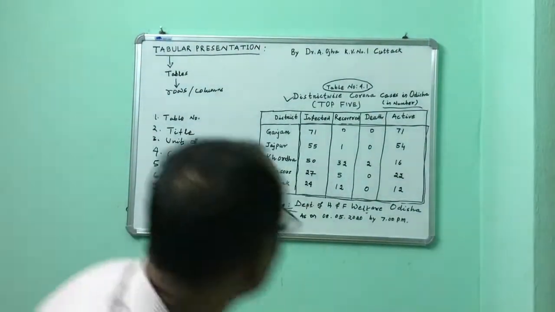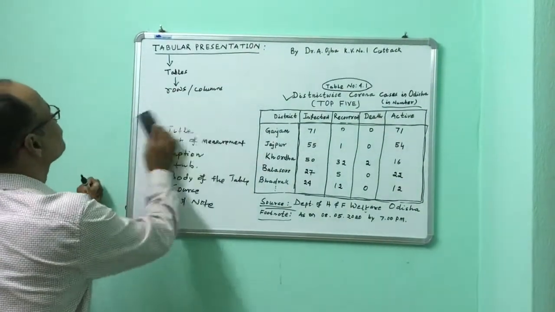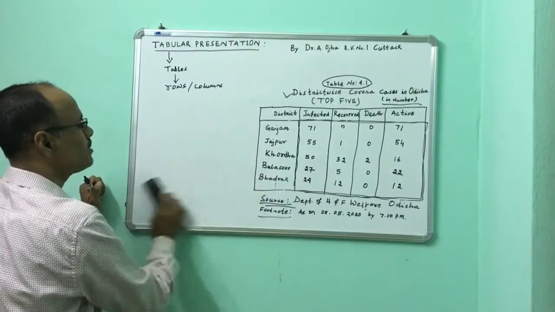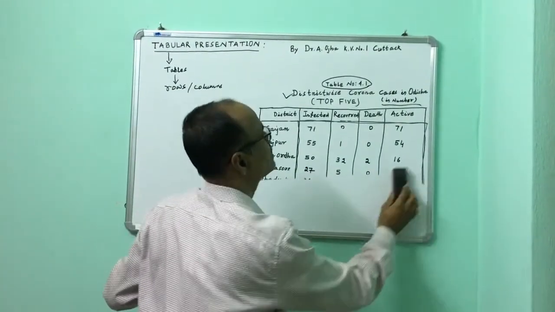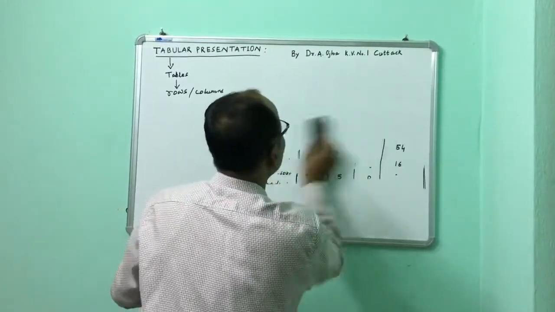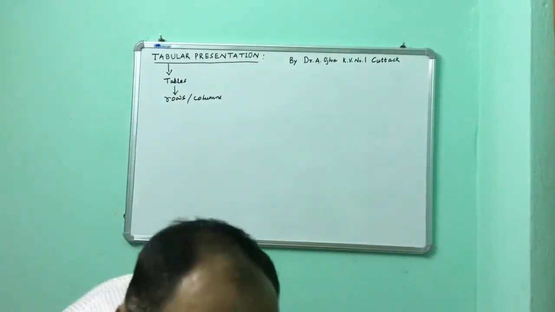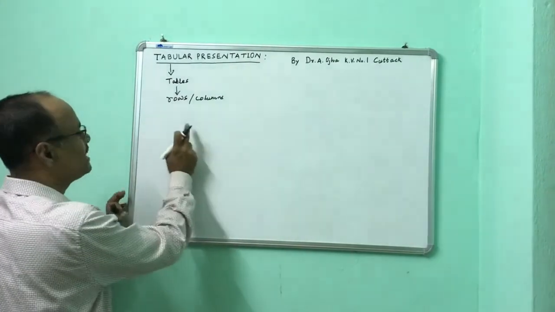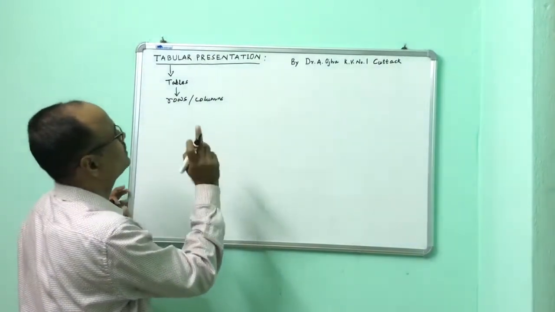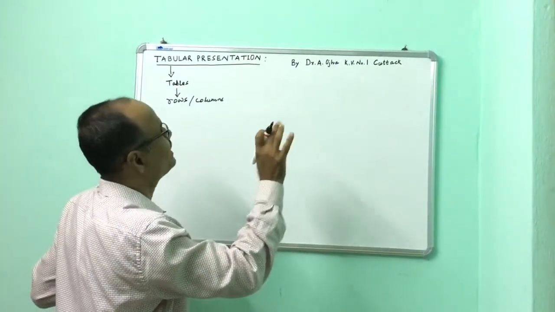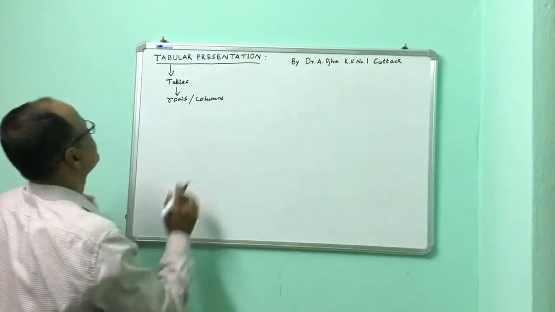Next is the classification. Classification used in different tables is of 4 types.